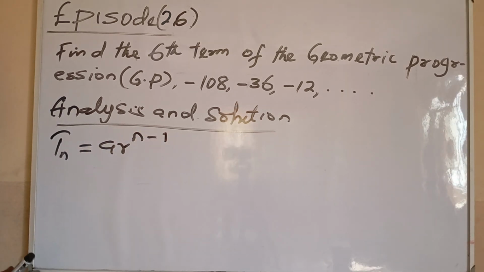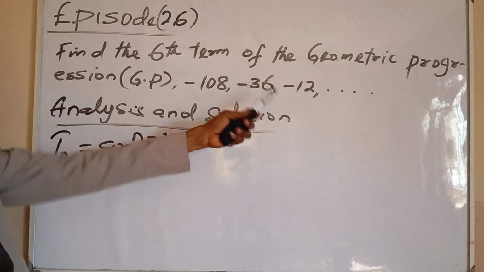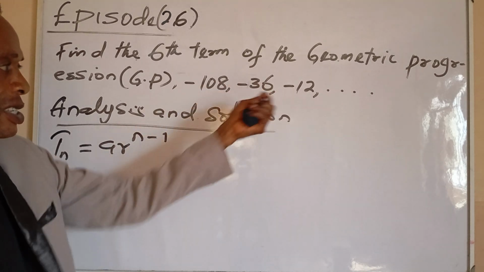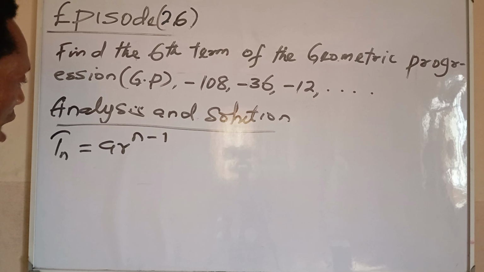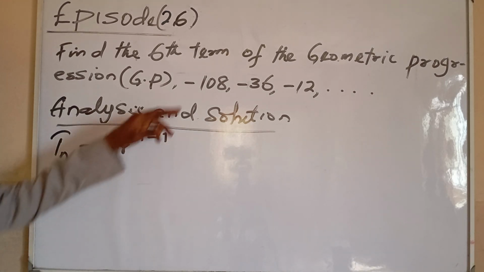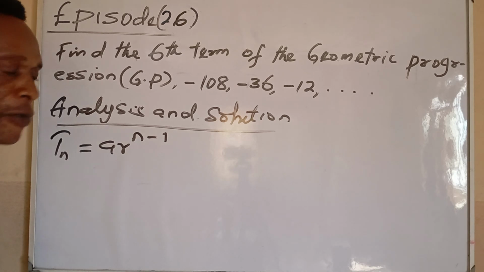This is the formula through which you can generate the terms of a GP. Your first term is always A.